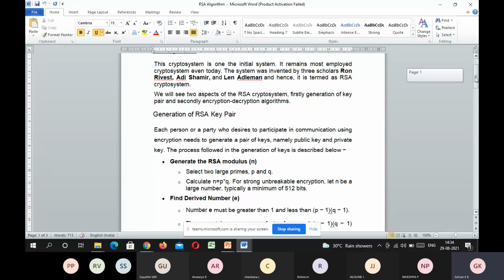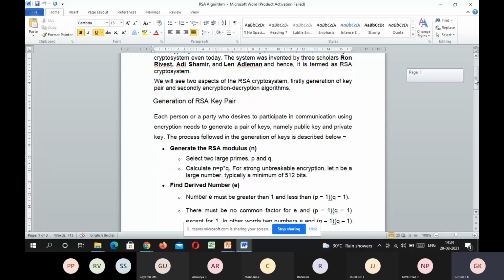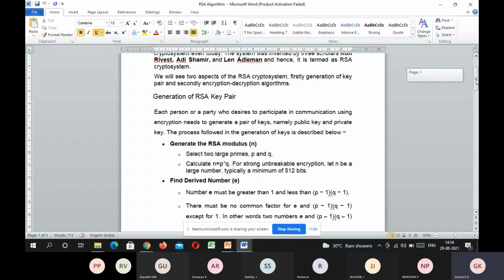For all the public key crypto systems, we make use of prime numbers as one of the elements for these algorithms. So all of you should know what a prime number is. A prime number is a number that does not have factors apart from the number itself and 1.